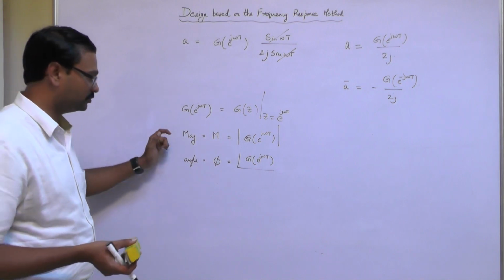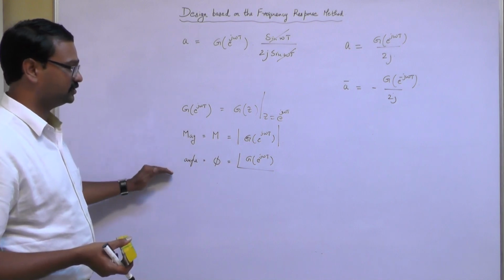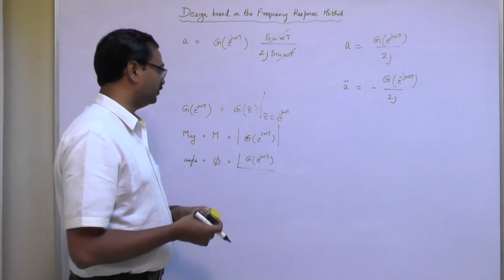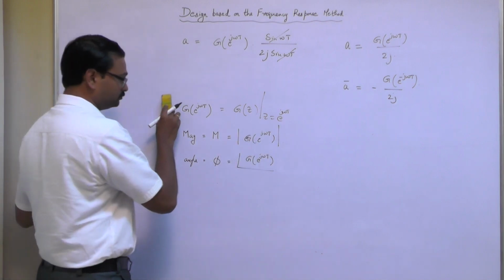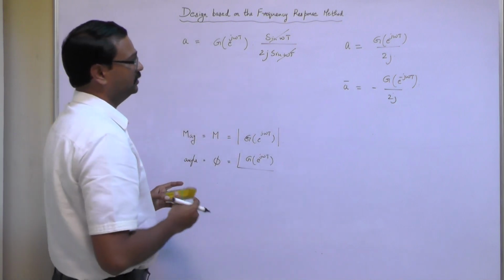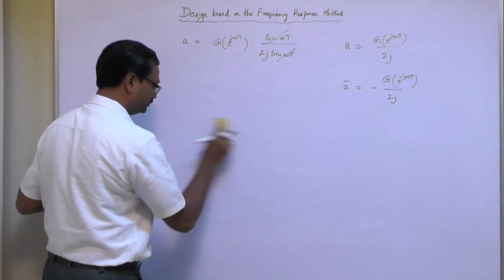Complex values will have both magnitude and angle, the phase angle. Therefore, we are going to get these two values, magnitude and phase. Okay, so this is what we have obtained.